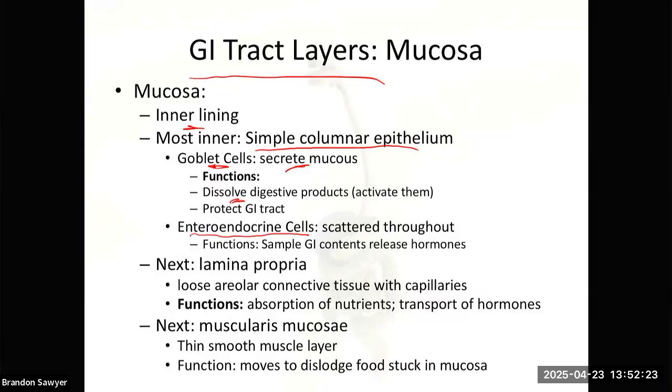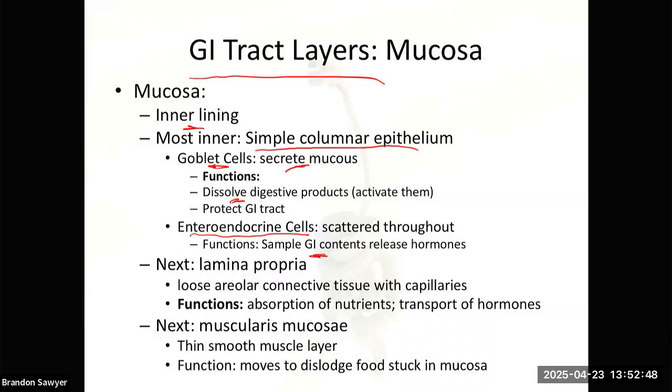And so instead of the goblet cells releasing mucus into the GI tract, enteroendocrine cells release things the other direction into the blood, not in the GI tract. So it's part of our hormonal control of the GI tract, controlled by the cells that are right there. Those cells are sampling what's going through the GI tract, and then releasing the appropriate hormones to make sure the right types of digestion can happen.